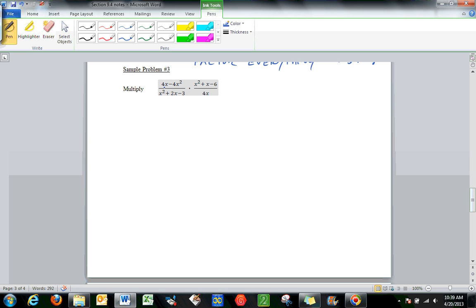Let's take a look at the 4x minus 4x squared. In this situation, I'm going to factor out a common 4x, and that's going to leave me 1 minus x.